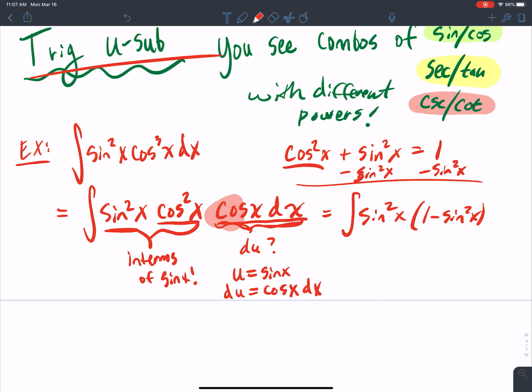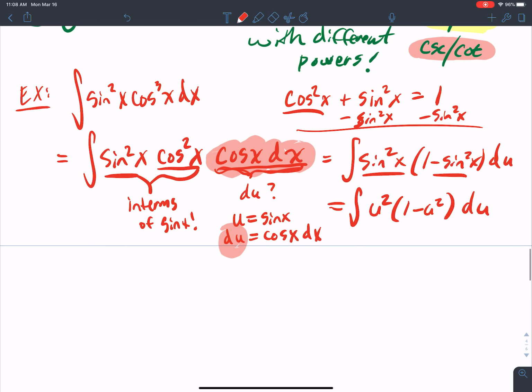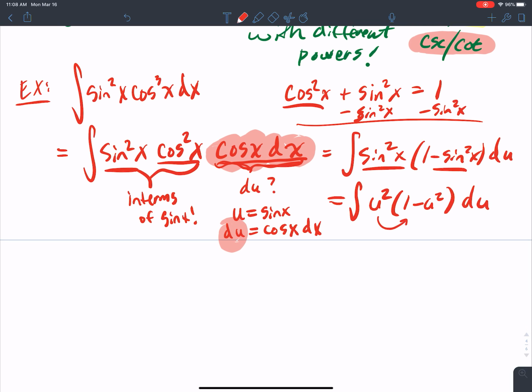This becomes du, right there. So sine x is u, so this is equal to u squared, 1 minus u squared du. And this integral is easy peasy, because all you've got to do is distribute u squared through, and then use the power rule.